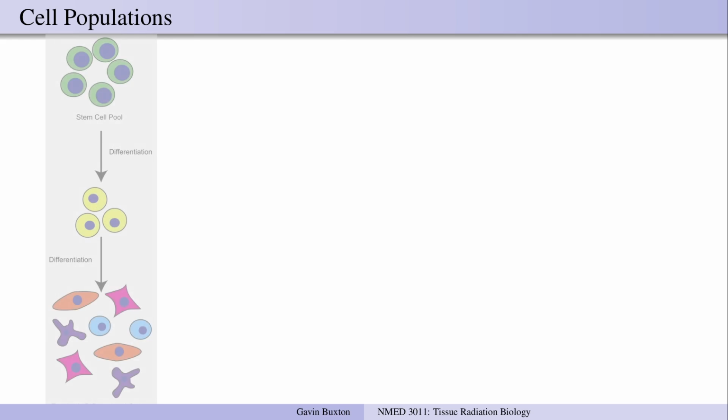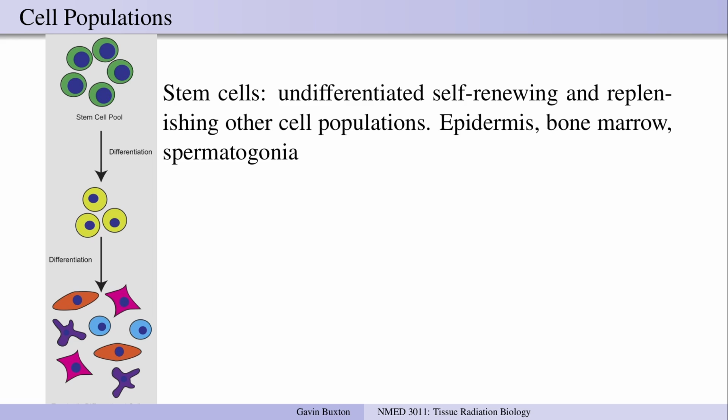So we can also divide the cell populations into three categories: stem cells, transit cells, and a static population. Now, the sole purpose of the stem cells is to divide. These undifferentiated cells replace their own population and replace the cells of other populations.